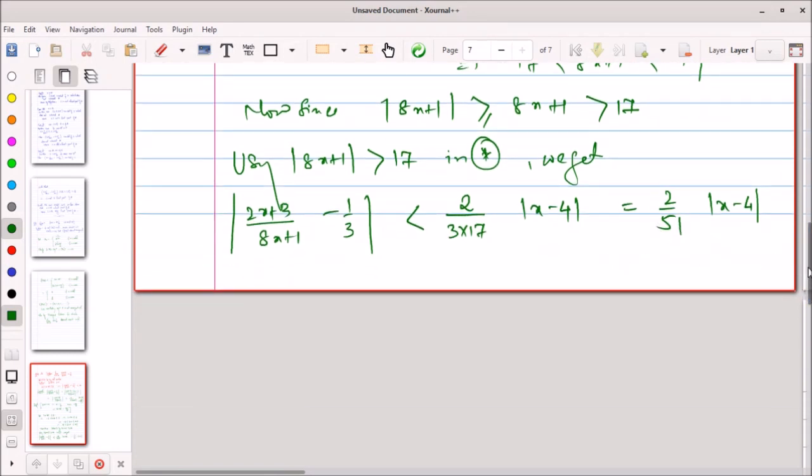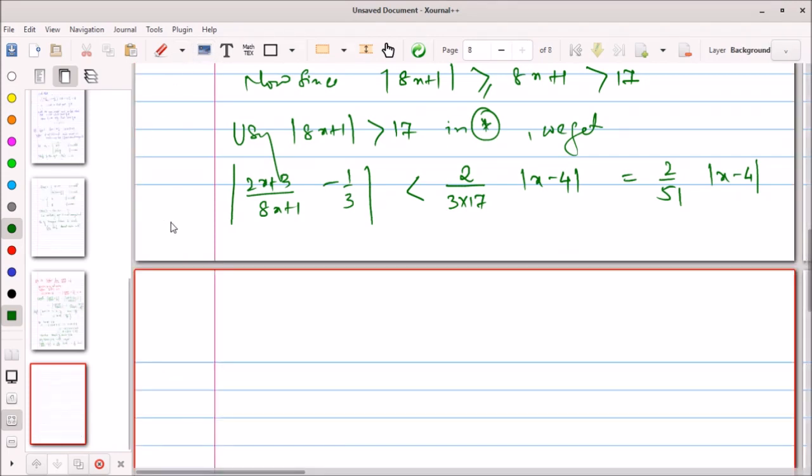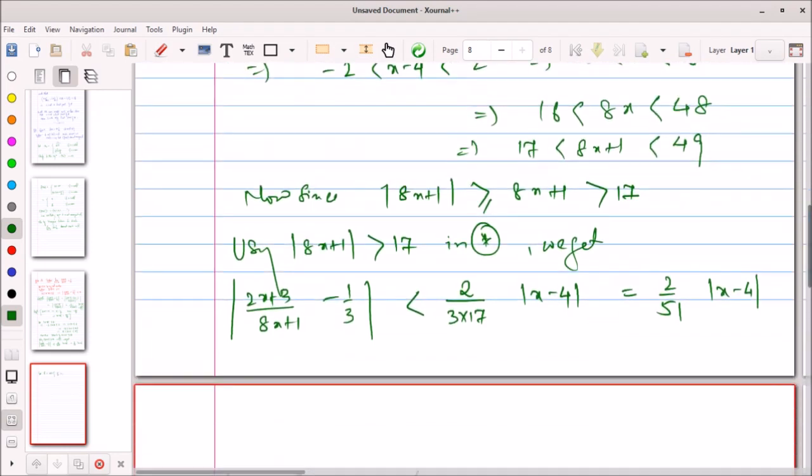So what will be my delta? I can take delta to be equal to the minimum of 51/2 epsilon and the bound that I took, which was 2.